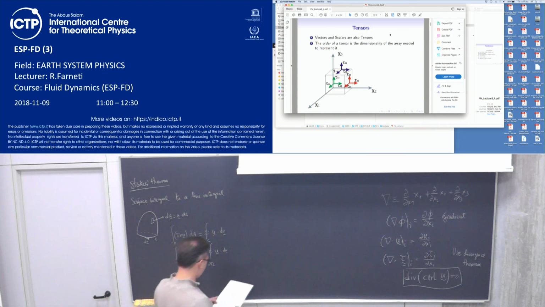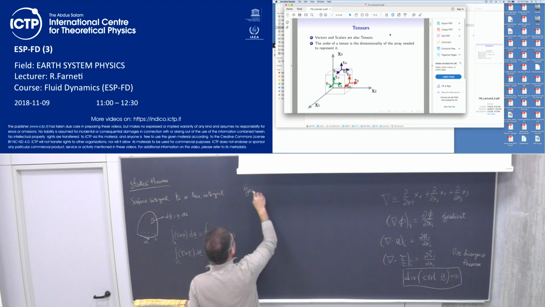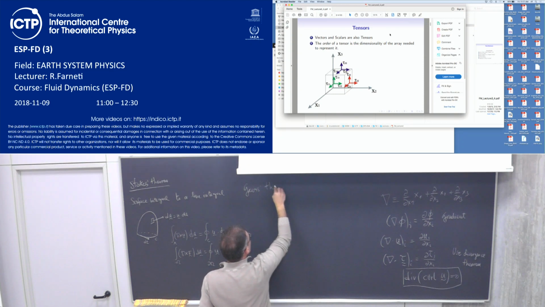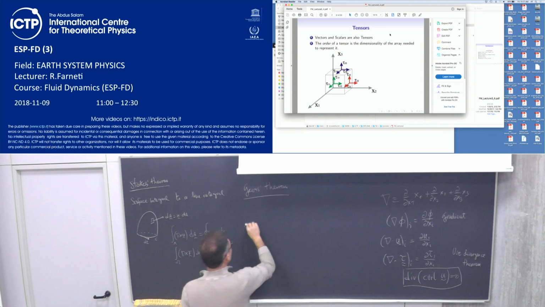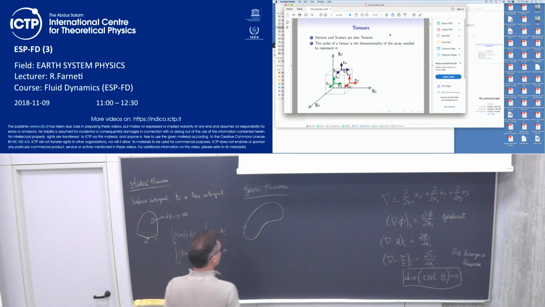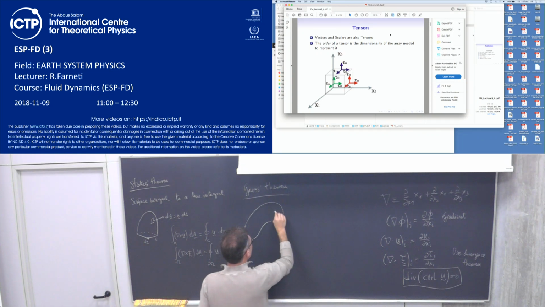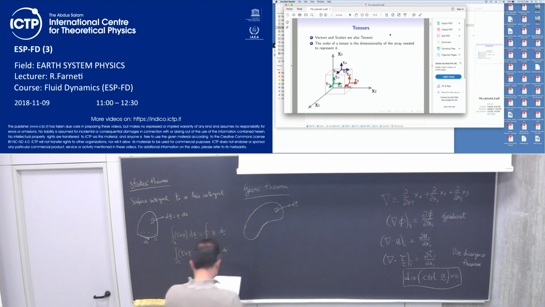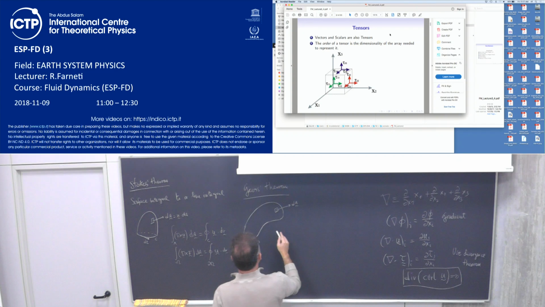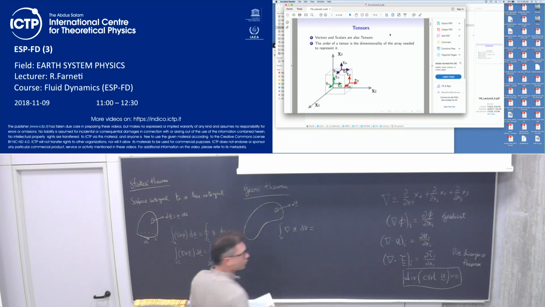Okay, so that's the Stokes theorem, and the Gauss theorem, we've seen it the last time. Okay, this is even more intuitive. You have a volume, closed volume. Again, you have a dA, and so in this case the theorem says that the volume integral of the divergence integrated over the whole volume.